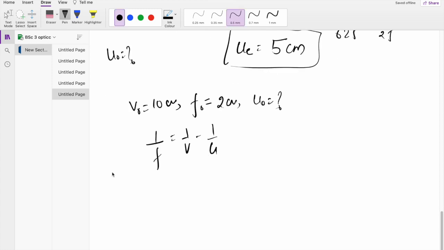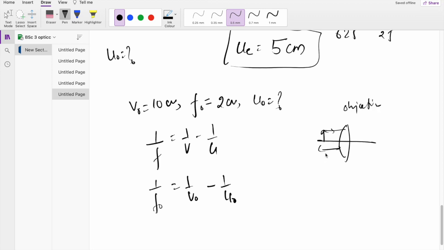For the objective lens, this becomes 1 upon fO equals 1 upon vO minus 1 upon uO, where uO is negative because the object is placed before the objective lens, according to sign convention.